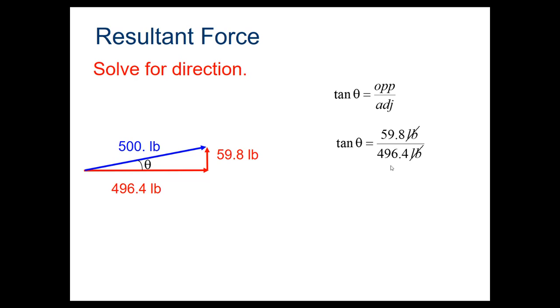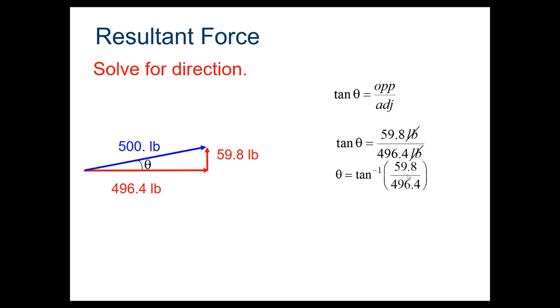We're just going to go to the calculator and find the inverse tangent. Inverse tangent is the opposite operation. It undoes tangent. So the angle is the inverse tangent of that ratio. We're just doing inverse tangent of both sides of that equation to solve for our angle.